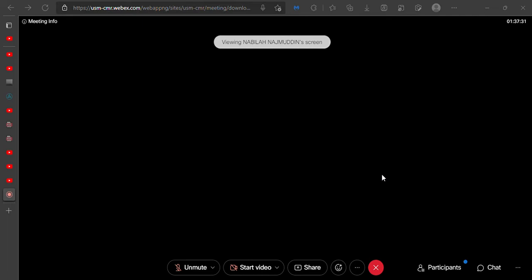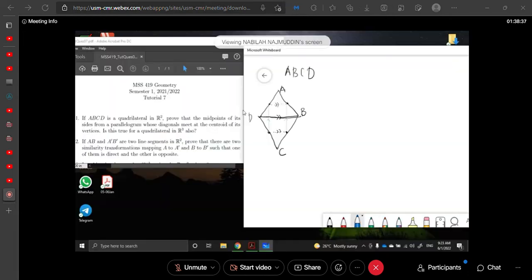So we also have another parallel. This is the midpoint. So these midpoints form a parallelogram, where these two sides are parallel, and these two should also be parallel, and the diagonals of the parallelogram meet at the centroid of the quadrilateral.